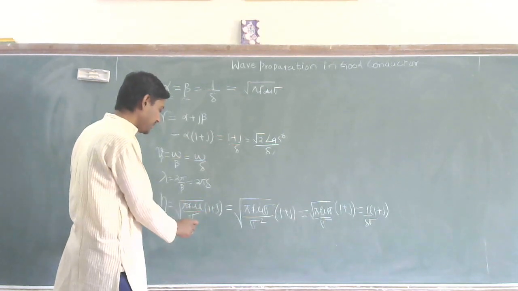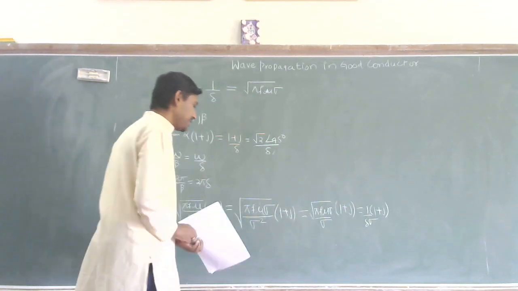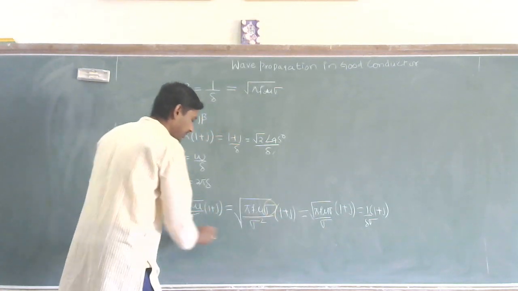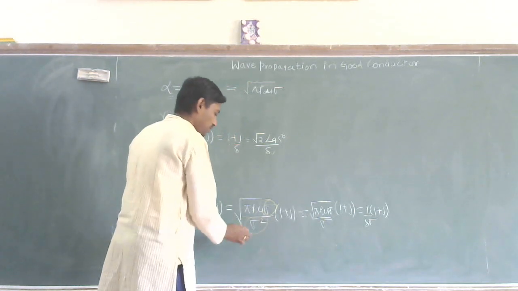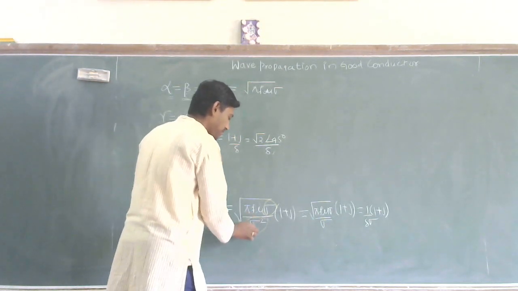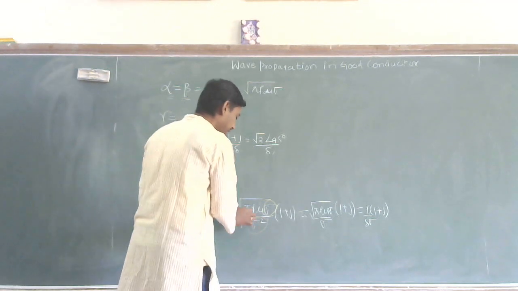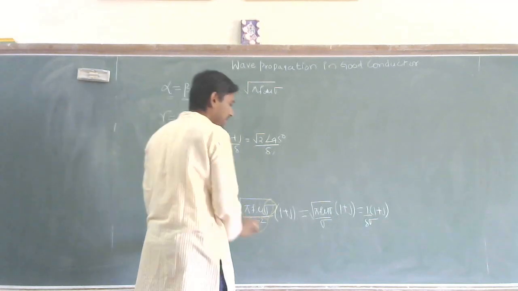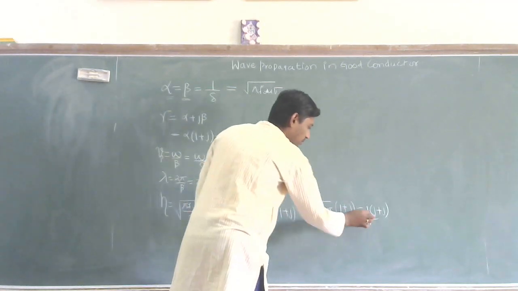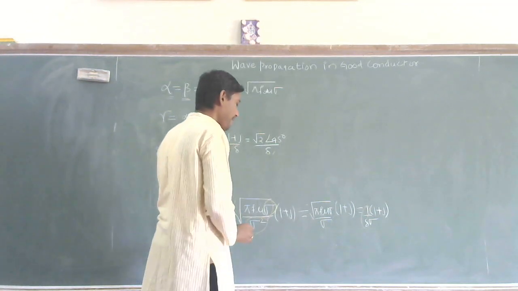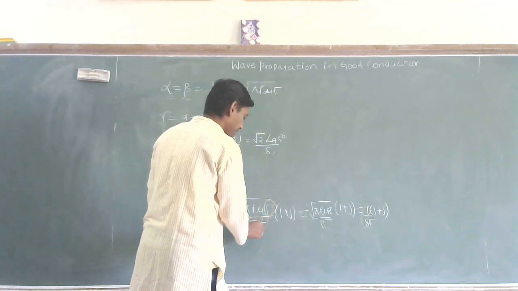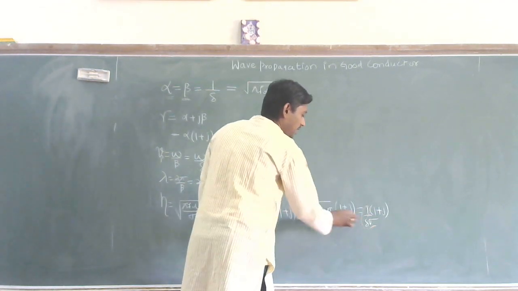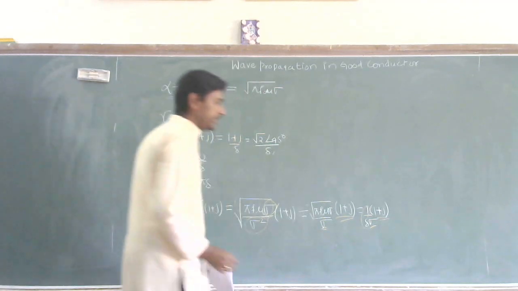What we have done is I multiplied sigma in the numerator and also in the denominator, so I have separated numerator and denominator. This factor we could observe is equal to 1 by delta, that is what we have written here. And further, the root of sigma squared will be sigma, that is present over here, and 1 plus j simply follows.